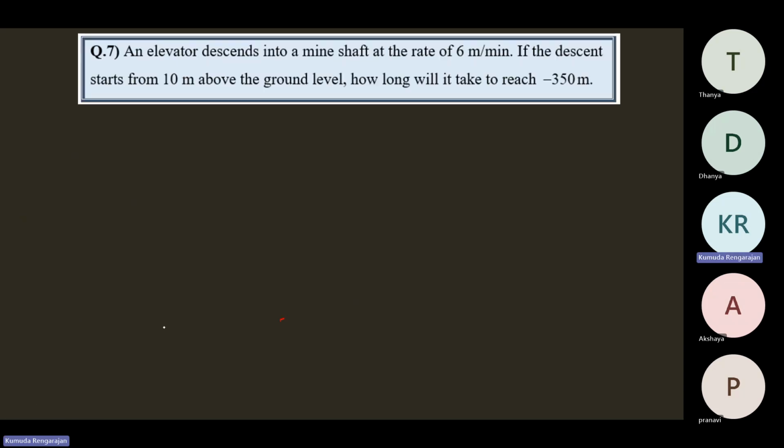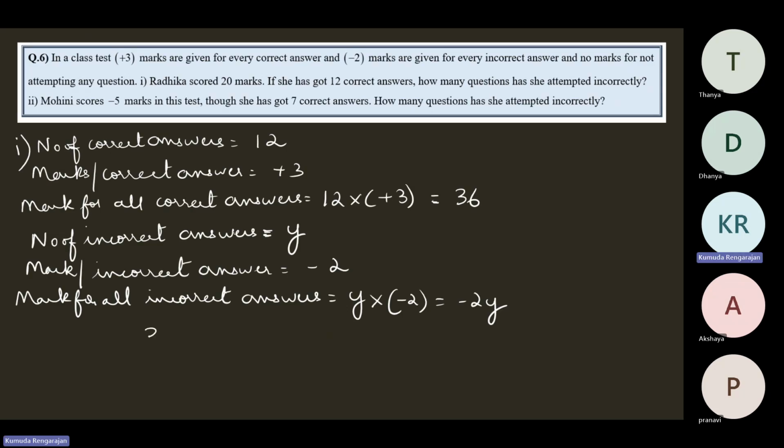So 36 marks and minus 2y marks together makes 20 marks. 36 she's got for correct answers, minus 2y she's got for incorrect answers. When you put them together, you will get the total score, which is given to be 20. So this is 36 minus 2y is equal to 20.